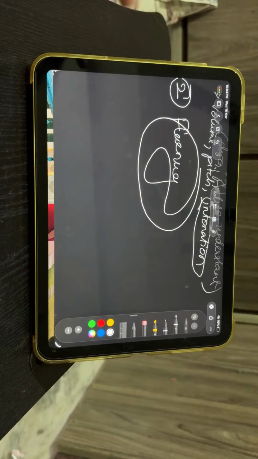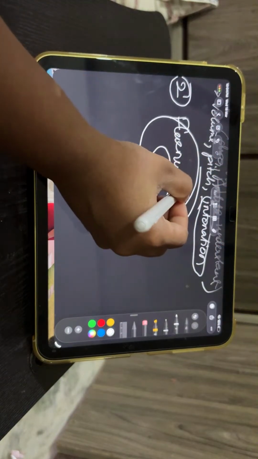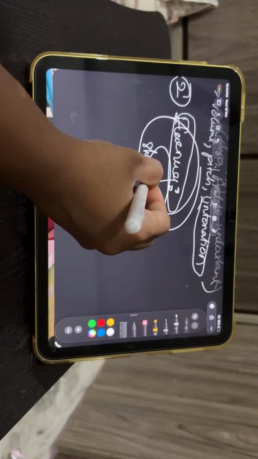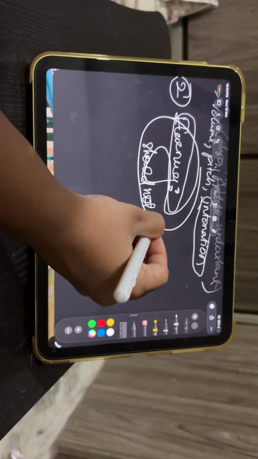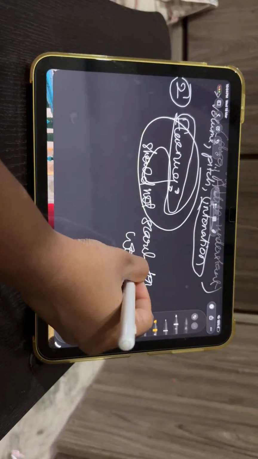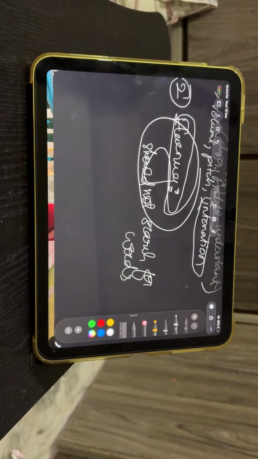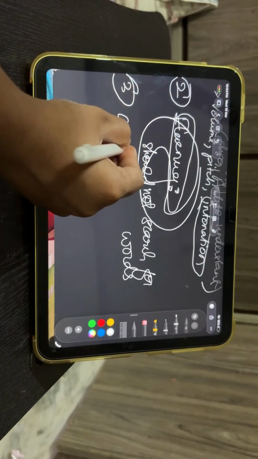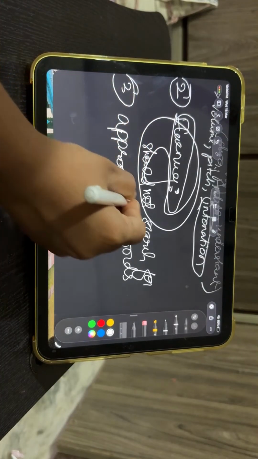So there are different types of card setups. If you are practicing continuously, you will have this fluency. You should not search for words. This is regarding fluency.